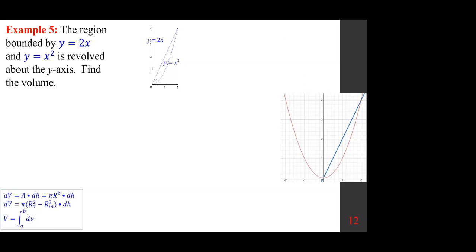So what we want is really this region, only this region, and that's why we have a typical region here, where y equals x squared is the curve, y equals 2x is the line.